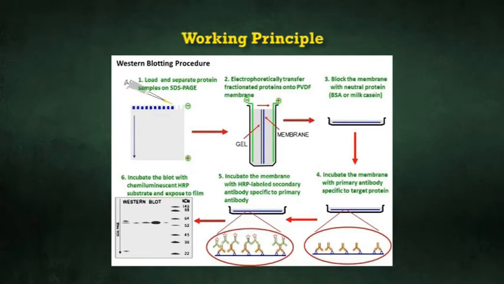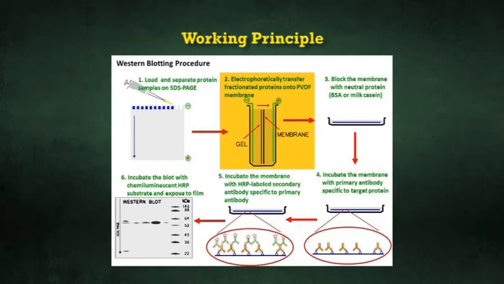The Western blotting method was first described in 1979 and has since become one of the most commonly used methods in life sciences research. Coming to the working principle, in Western blotting, a protein mixture is electrophoretically separated on an SDS polyacrylamide gel, a slab gel infused with sodium dodecyl sulfate.